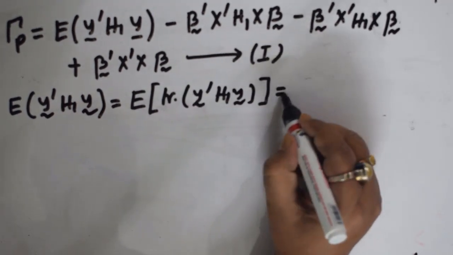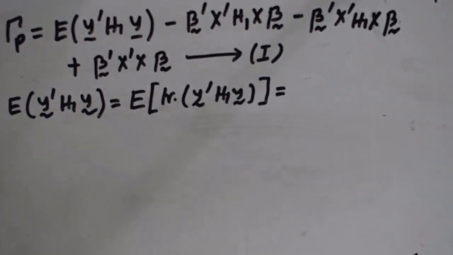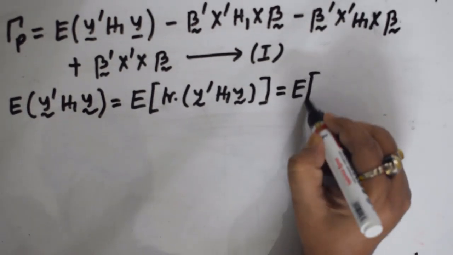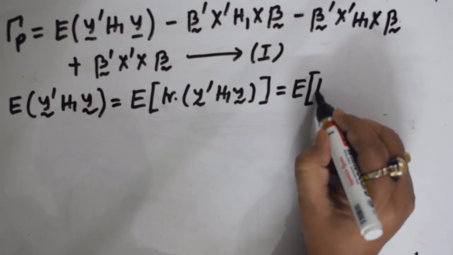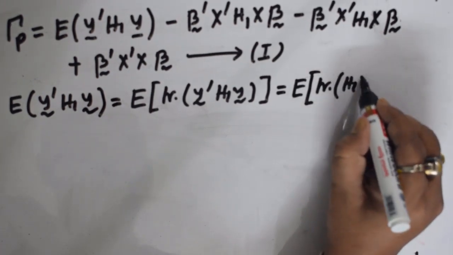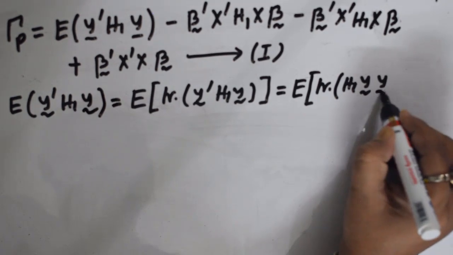Now we use the fact trace of AB equal to trace of BA, so this is equal to trace of H1 y curl y curl prime.